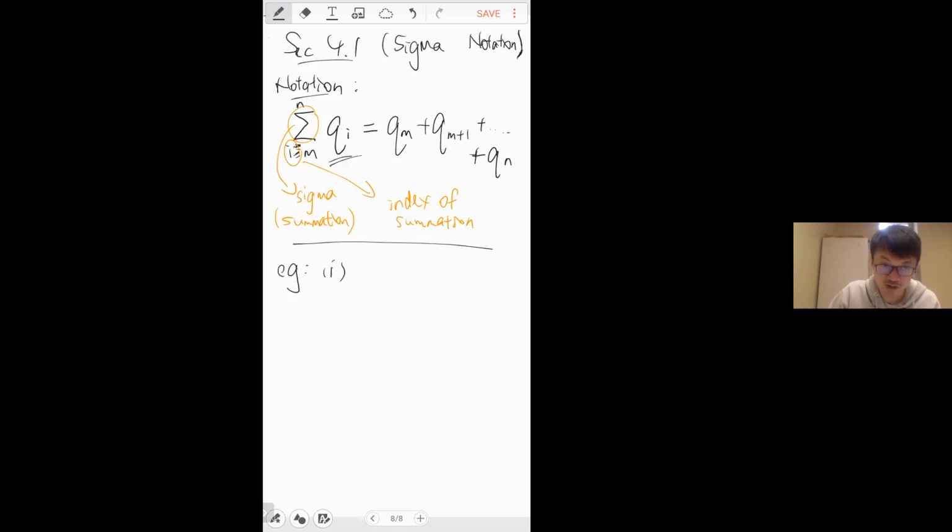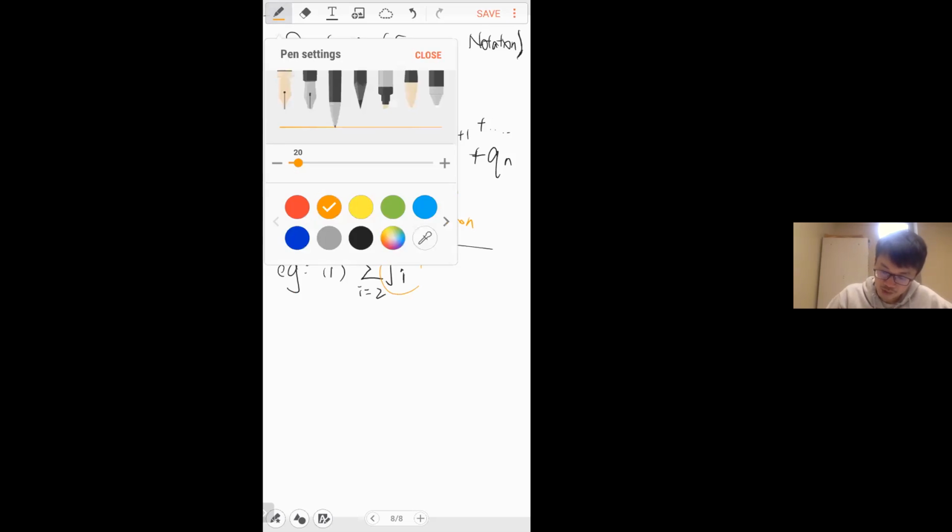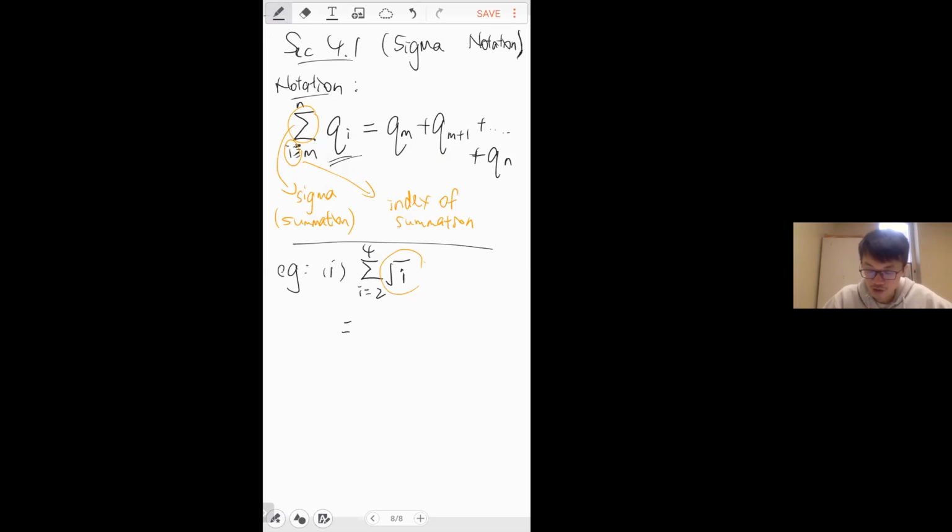Let's look at one simple example, and you'll get what I mean. So let's say I want to compute this. I want to add up all the numbers that look like this, and i goes from 2 to 4. The way you do it is you plug all the numbers in your index set into the thing that I just circled. So you start from 2. That means I need to plug 2 into the function, so I get root 2.